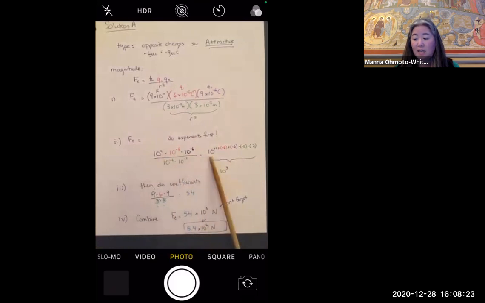So I take 10 to the 11th, plus negative 6, plus negative 6, minus negative 2, minus negative 2. It ends up being 10 to the third, because 11 plus negative 6 is 5, 5 plus negative 6 is negative 1, negative 1 minus negative 2 is the same as plus 2, which is 1, and 1 plus 2 is equal to 3.